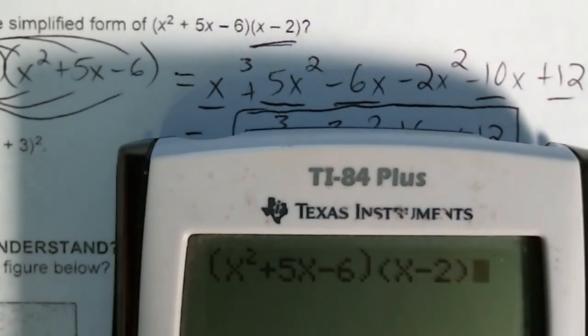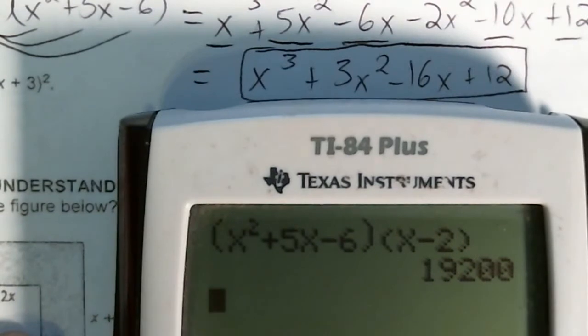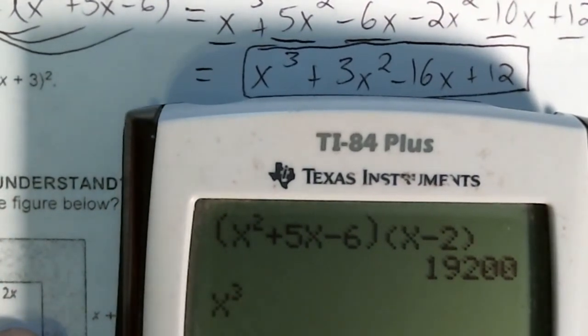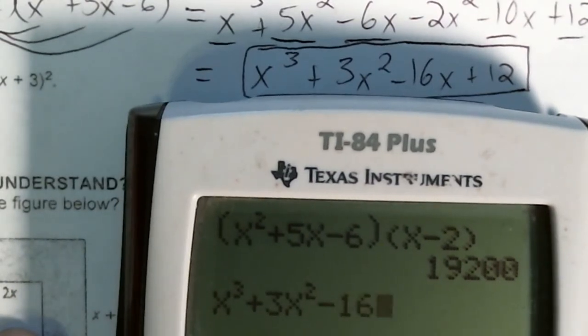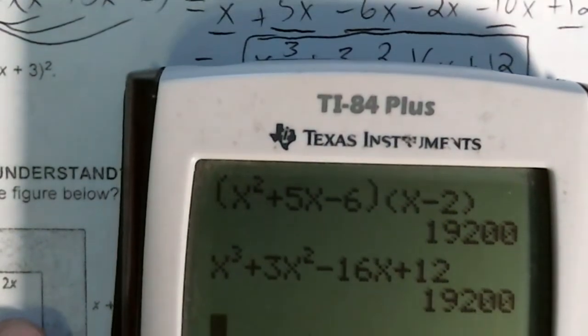X minus 2. Close the parentheses. And we're saying that's the same thing as x raised to the third plus 3x squared minus 16x plus 12. Ta-da, they match. On to the next one.